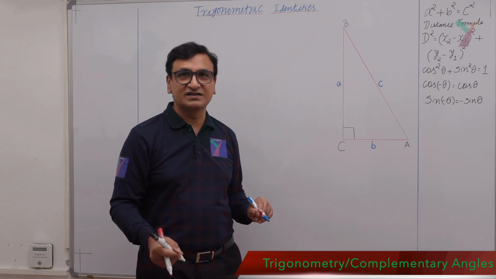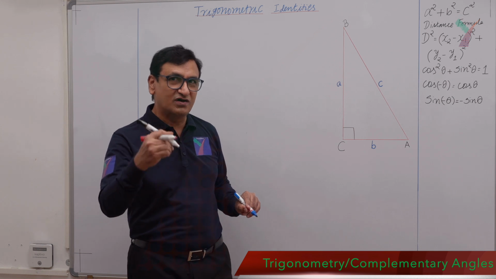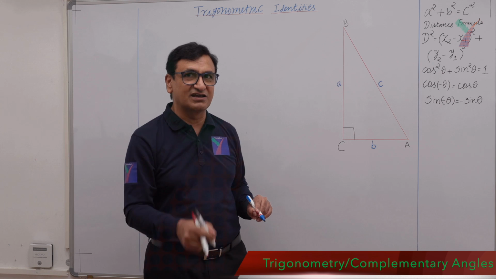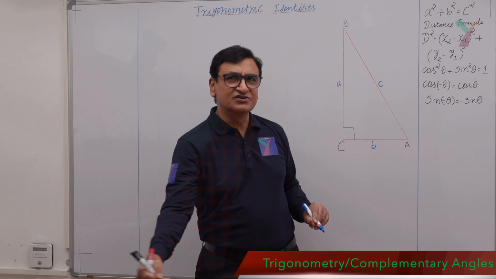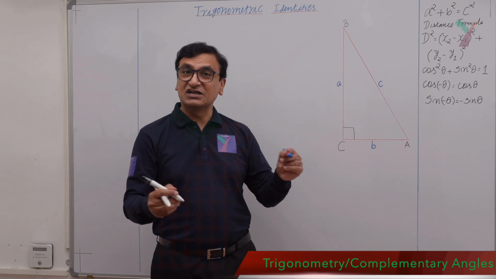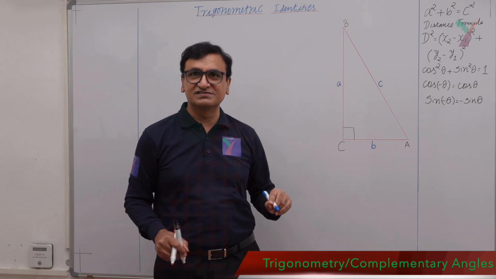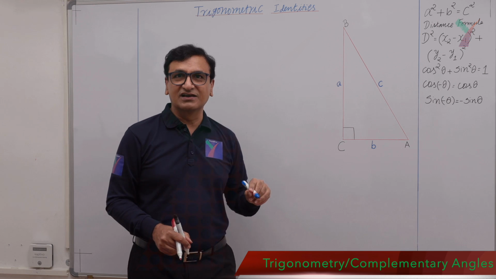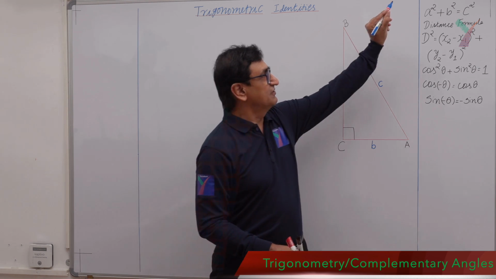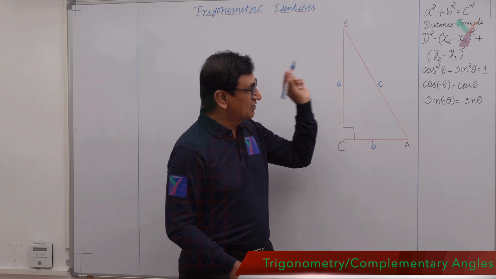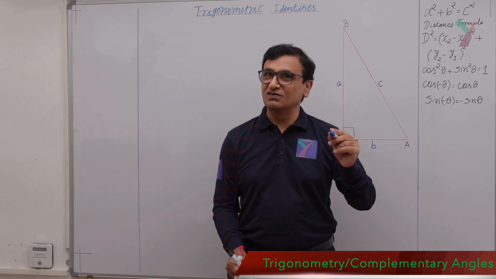And once we do that, I am going to get into the law of cosines, and using the law of cosines and the complementary angle formula, all other trigonometric identities will follow. Actually, all the trigonometric identities, whether it is law of cosines or the complementary angle formula, follow from the father and mother identities, that is Pythagoras theorem and cos square theta plus sin square theta equals 1.